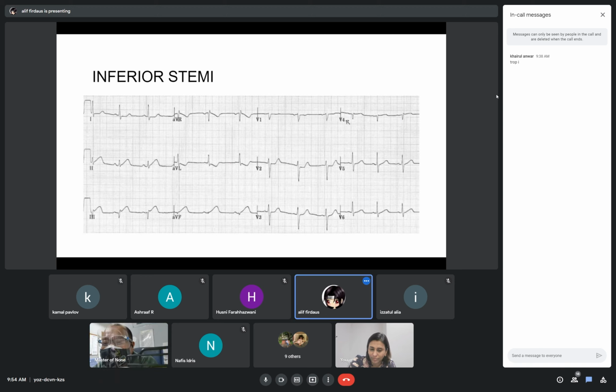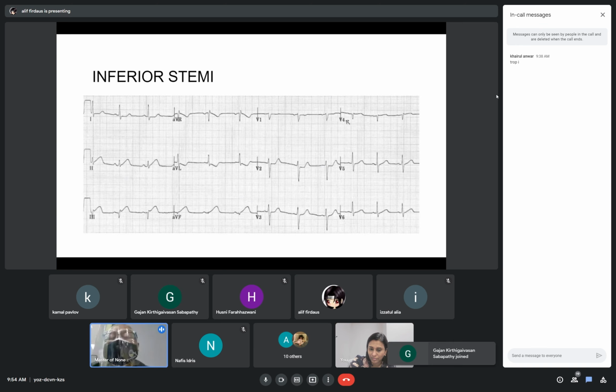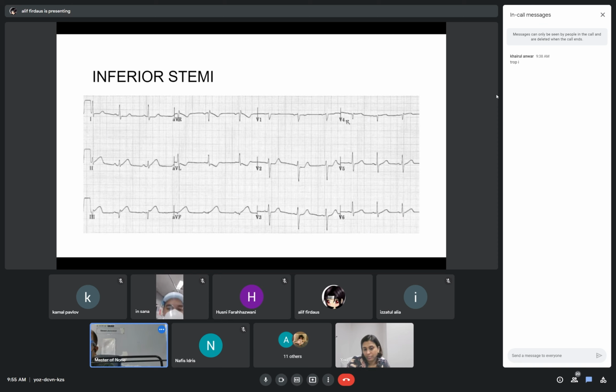If suddenly only lead 2 has ST elevation and lead 3 has none, you need to retake your diagnosis. You really need to look for reciprocal changes, and recheck your history and risk factors, because very rarely will lead 2 rise higher than lead 3. In inferior MI, focus on lead 3. That's one of the pearls.